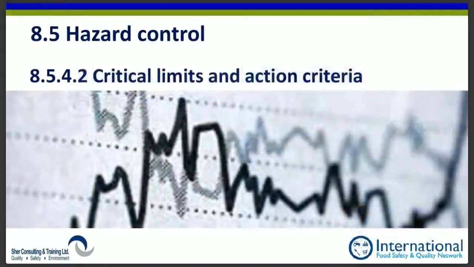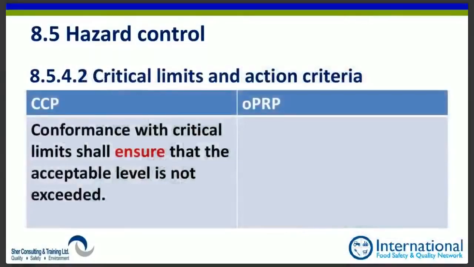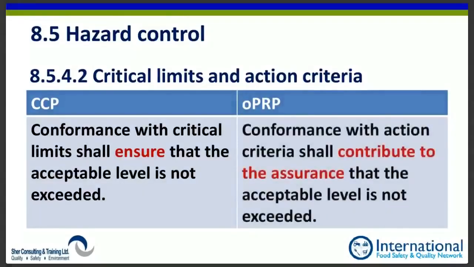Critical limits and action criteria. CCP: conformance with critical limits shall ensure that the acceptable level is not exceeded. That's not new. That's always been that idea. OPRP, and this is one distinction, 8.5.4.2, that I strongly dislike. And I encourage everybody listening, all 371 of you, to find a way to disregard this.